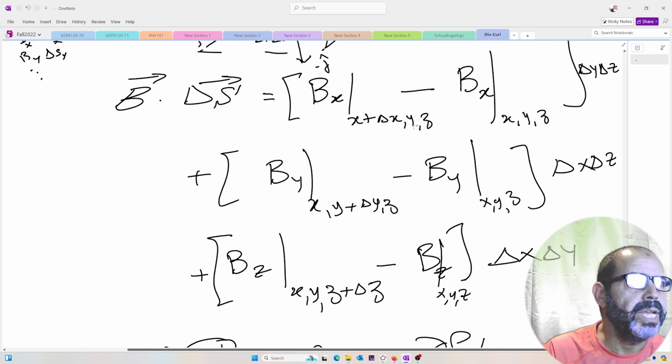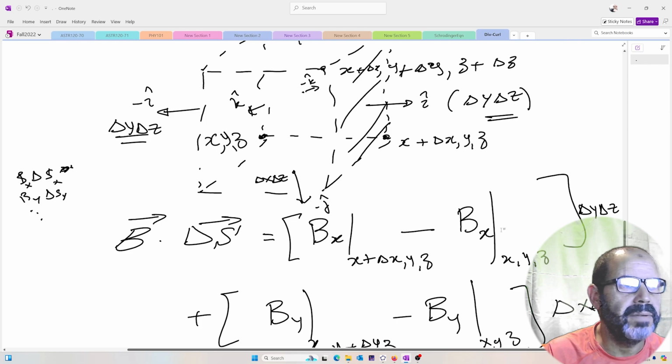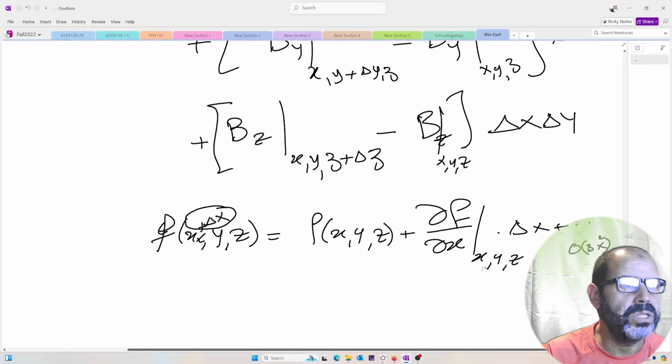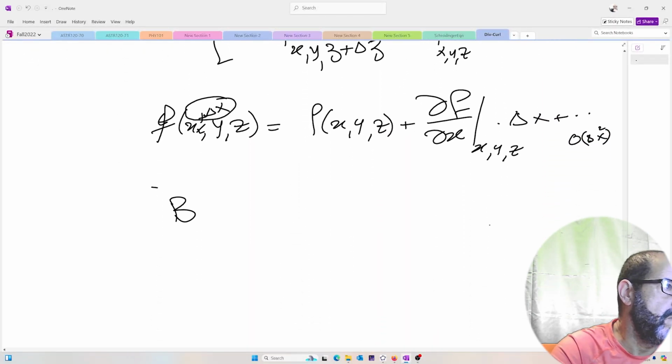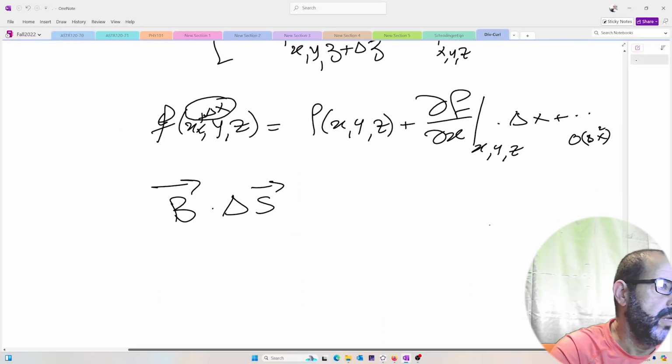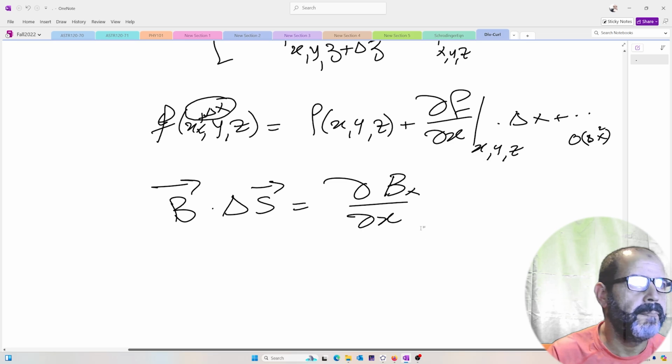So this whole thing is just the difference between the value evaluated at x plus delta x and the value evaluated at x. So that's just the derivative. That's just this term. So this product of b delta s boils down then to the partial derivative of bx with respect to x.